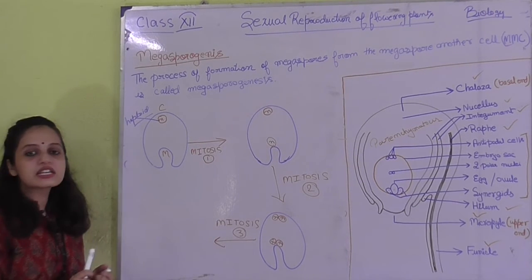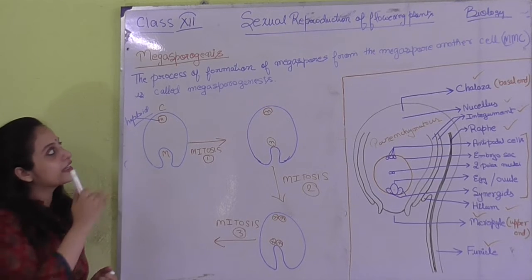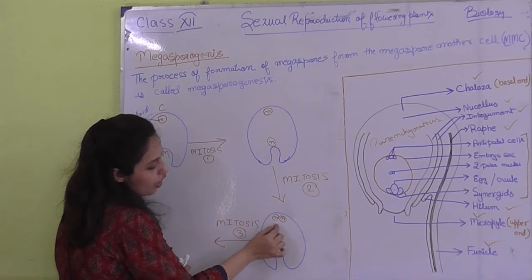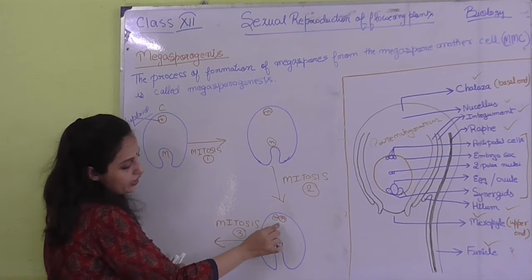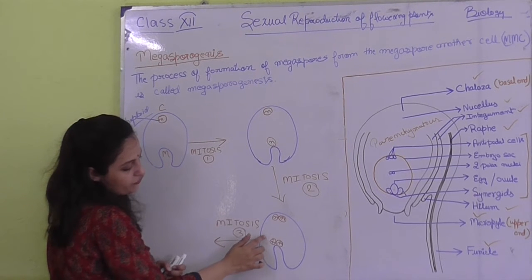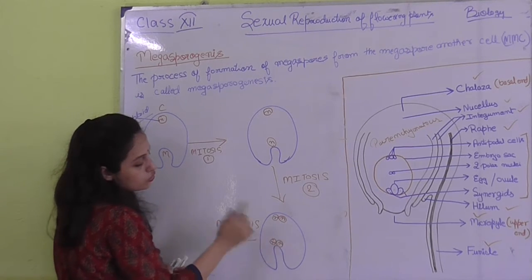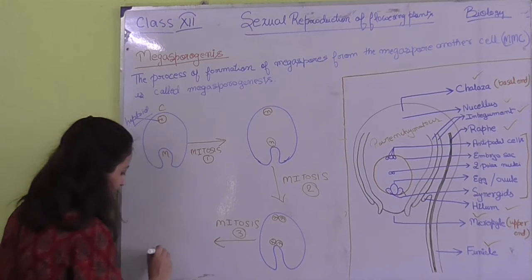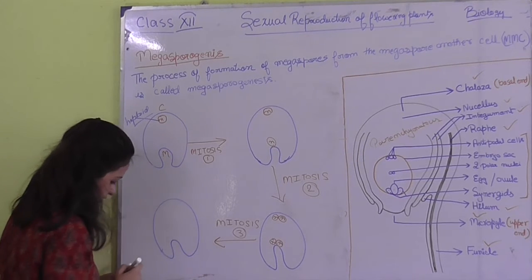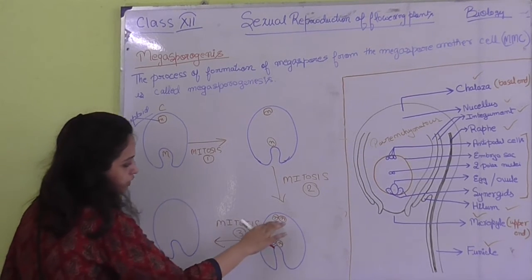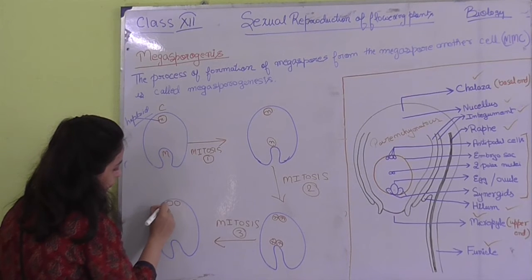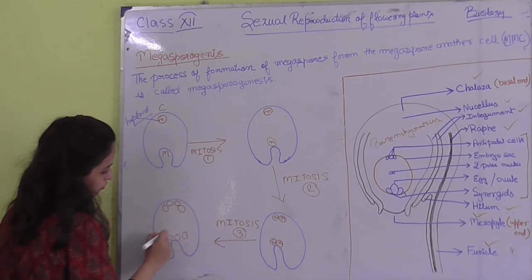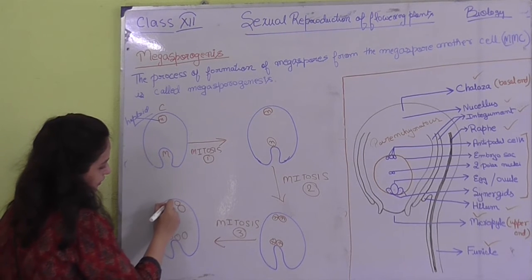So 3 mitoses will happen, and these 4 will again form 2 more at each end. So in total there will be 8 nuclei. So it will look like this. These two are again forming 2, and these two are forming 2 more. So it will look like this.